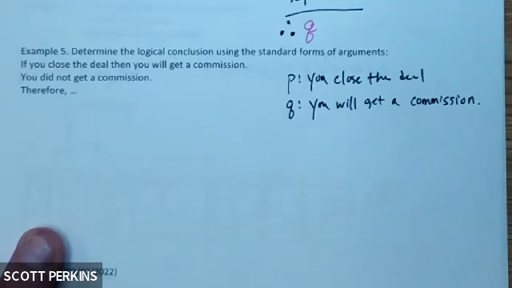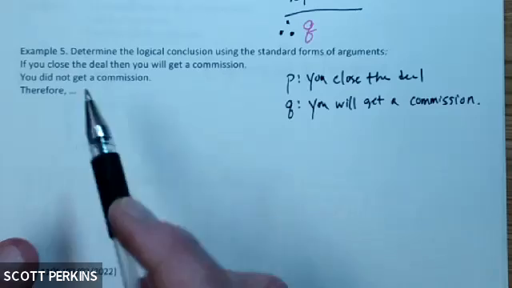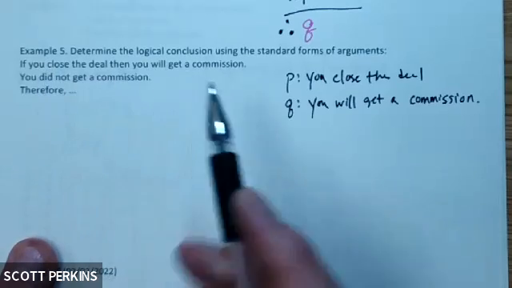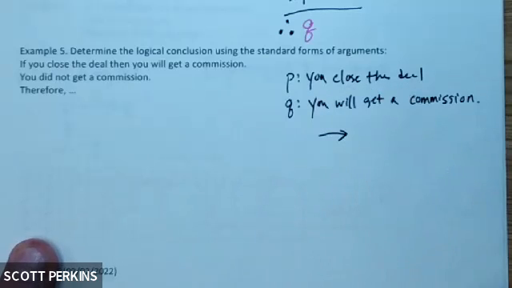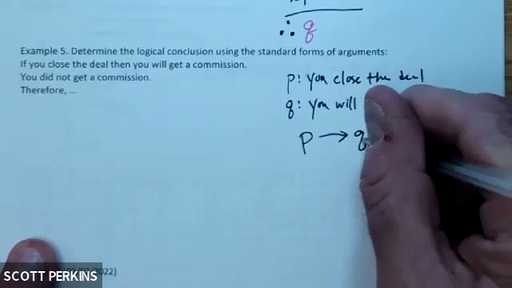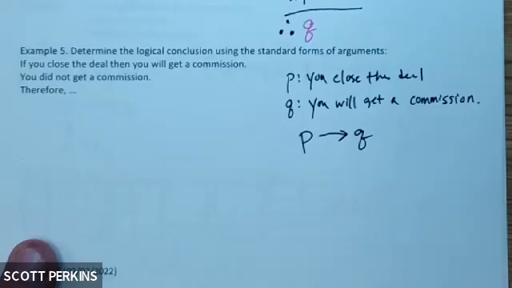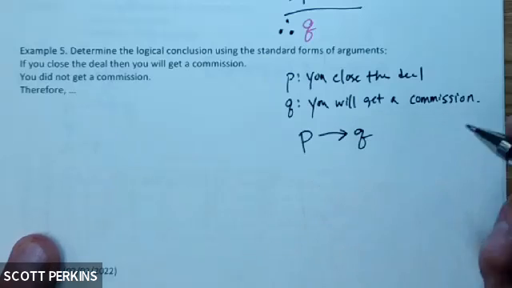Now I'm going to write what I have symbolically. It starts off with, if you close the deal, then you get a commission. That's an if-then statement, so here's my arrow. On the left of the arrow, I've got you close the deal. On the right, I've got you will get a commission. The next statement is you did not get a commission. Oh, that stinks. So that is squiggly Q.